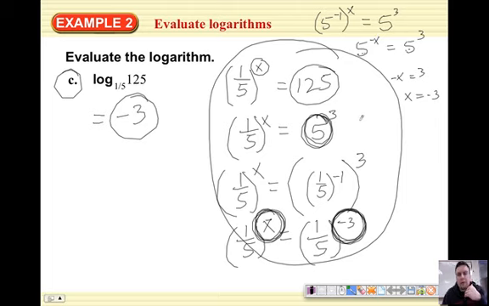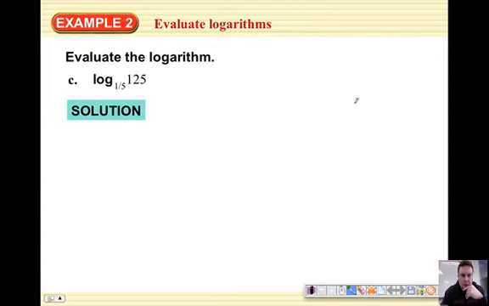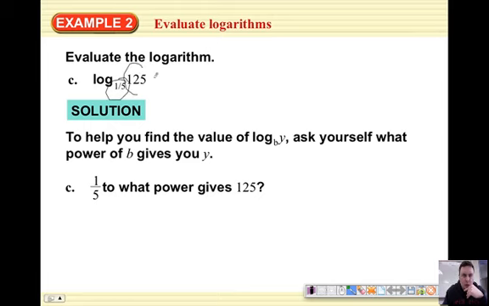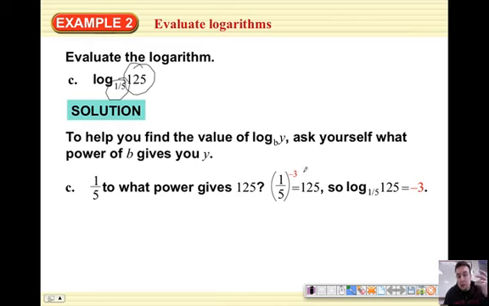Same answer, different route. Just remember that. Let's see what the book does here. It says, ask yourself what power of b gives you y, and 1/5 to what power gives you 125. They just assumed you would know that, which is fine. You should, but I worked it out by hand.